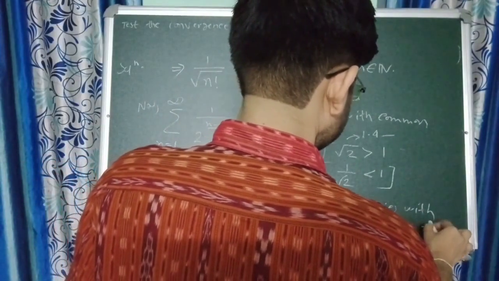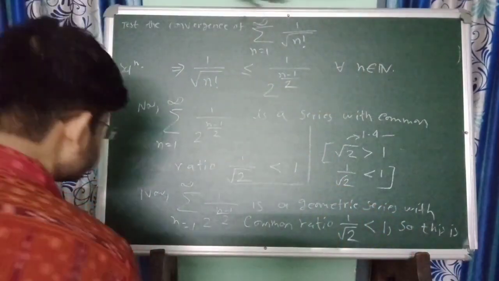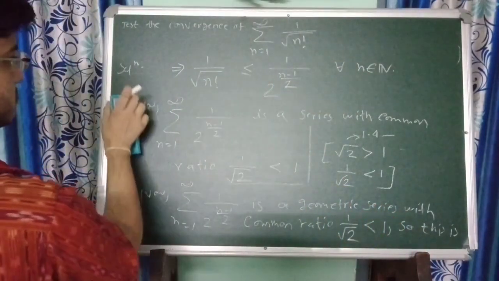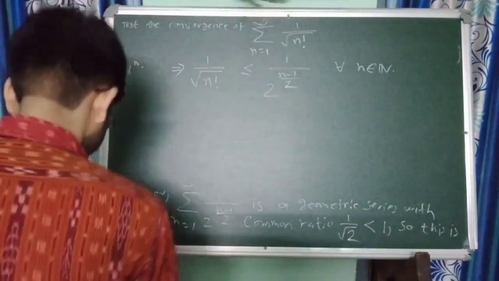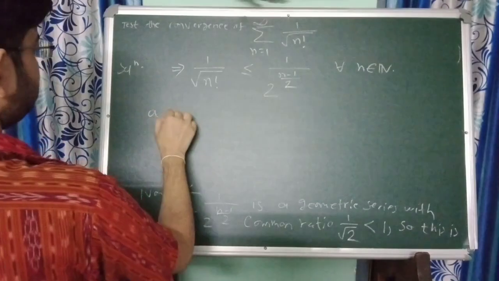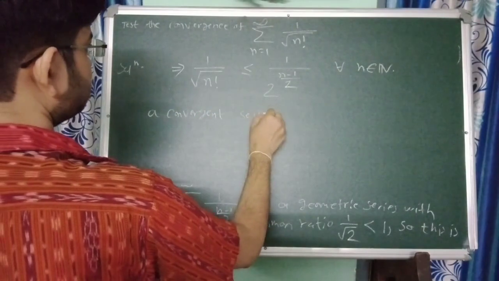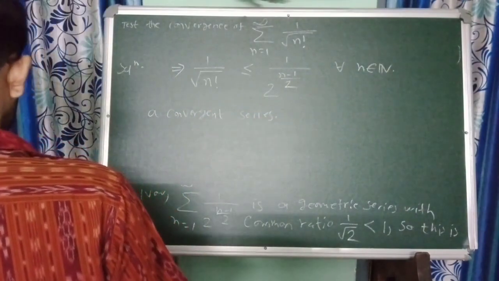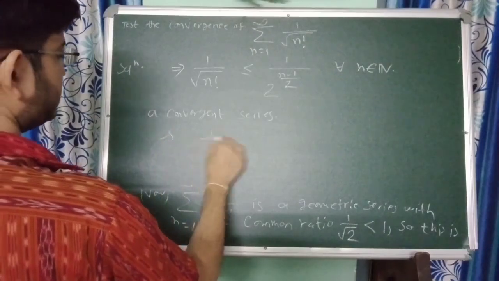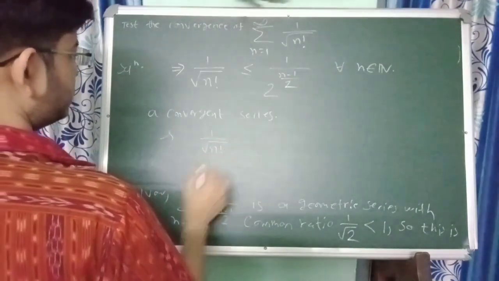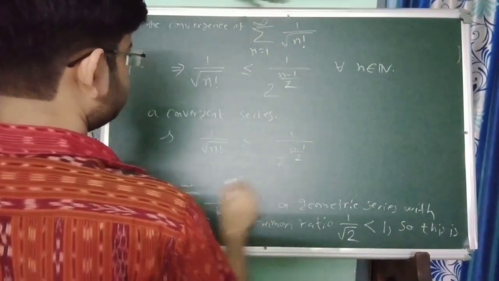So this is a convergent series, and 1 by square root of n factorial is less than or equal to 1 by 2 to the power n minus 1 by 2.